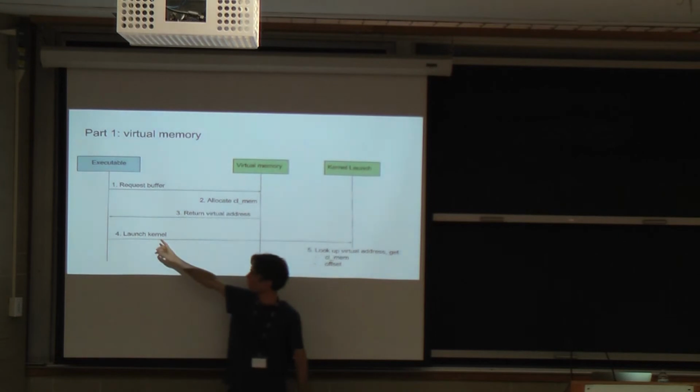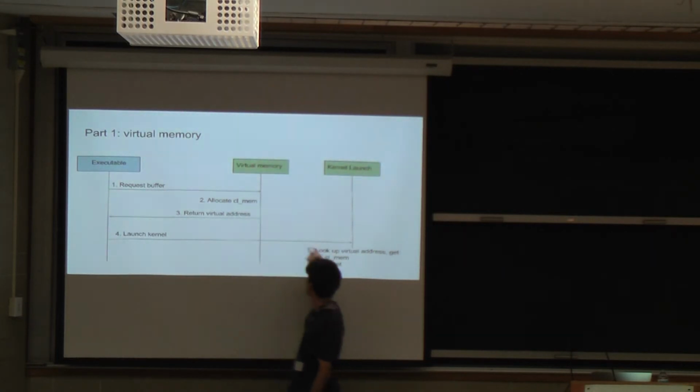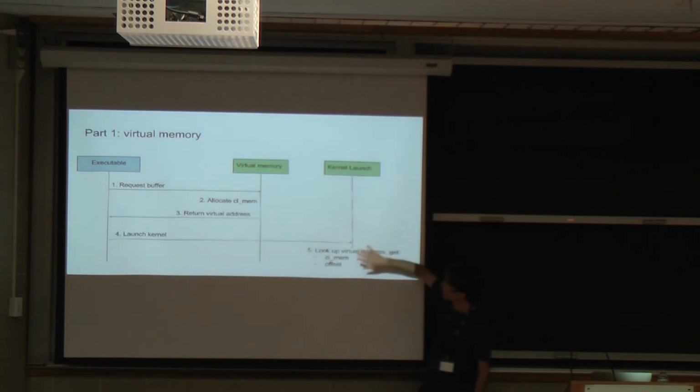The client code later on is going to launch a kernel. It's going to pass back the virtual address, possibly with some offset. Who knows? That goes to the kernel launch. The kernel launch is going to look up the virtual address. It's going to retrieve the underlying CL mem and the offset. Right, without having to modify the host side code at all.